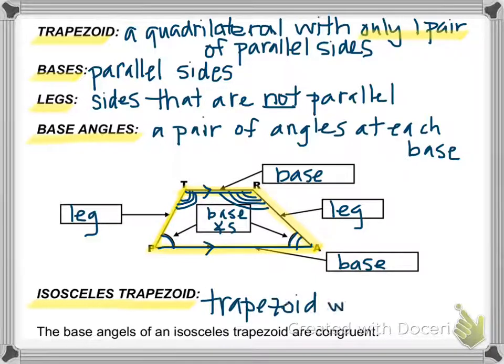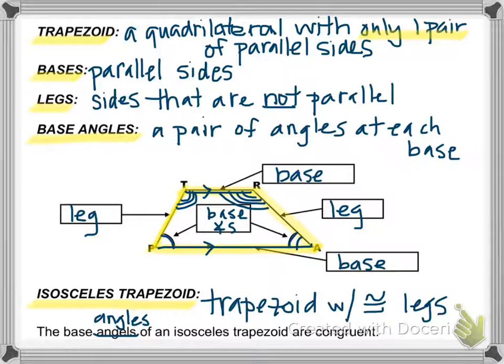We'll say with congruent, I'm going to use the symbol, legs. And there's a typo right below that. This says the base angles. It should say angles. Very similar, but a little different. The base angles of an isosceles trapezoid are congruent.